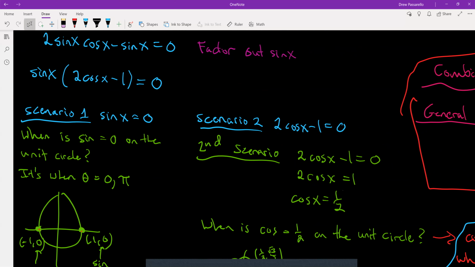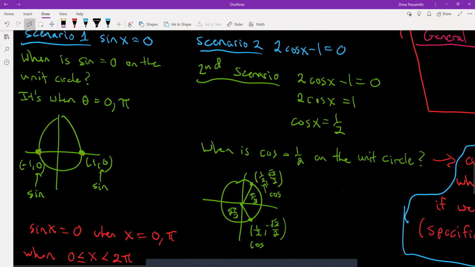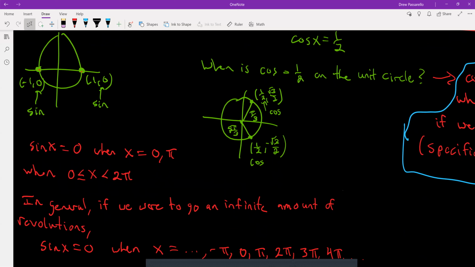And then for scenario 1, I asked myself, well, when is sine 0 on the unit circle? That occurs at 0 and 2 pi. Now this is just for one revolution, which is the same thing as saying x is between 0 and 2 pi.